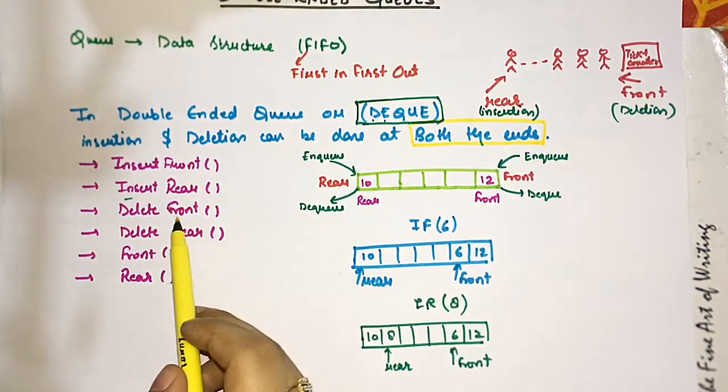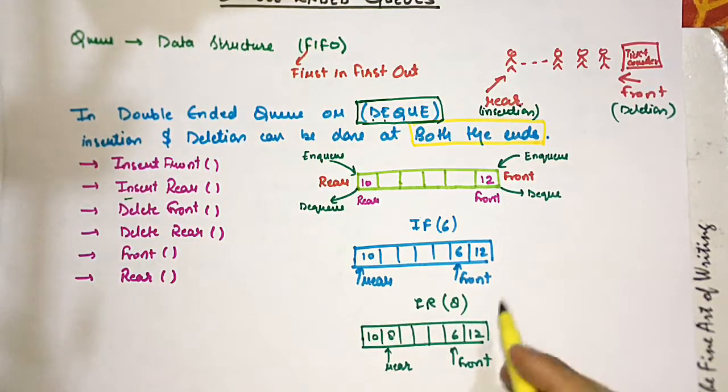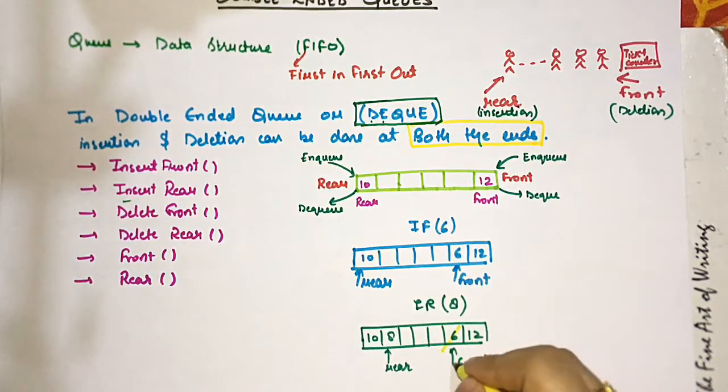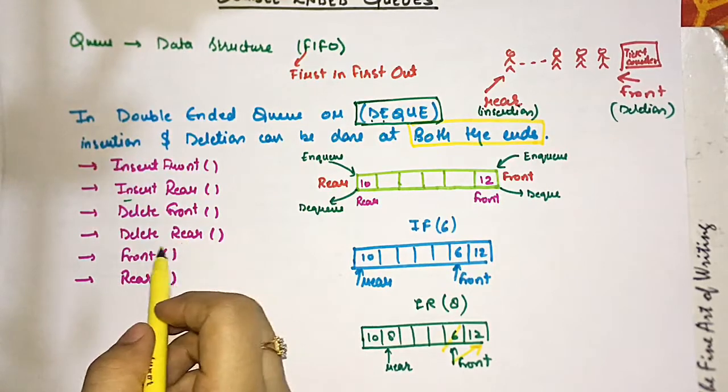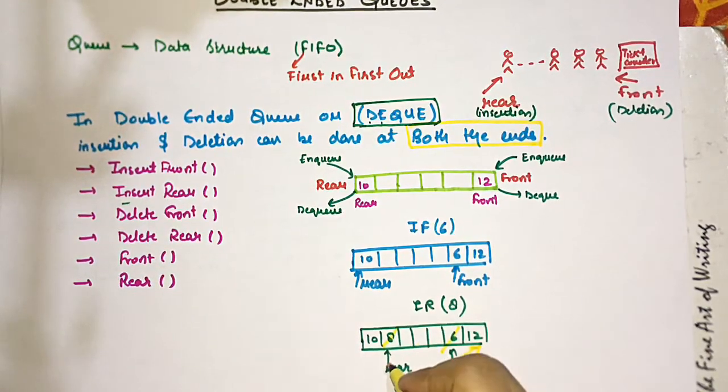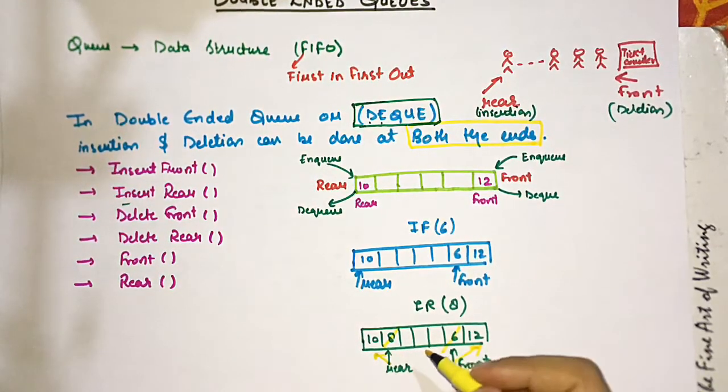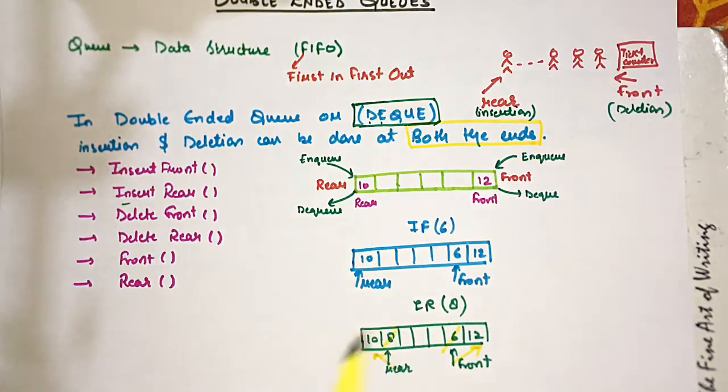Now if I call the delete front function, then 6 will be deleted and front will point to 12, and if I call the delete rear function, then 8 will be deleted and the rear pointer will point to 10. So this is how these operations are performed.